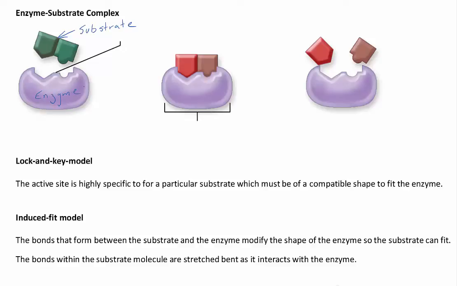So for example, in the case of the decomposition of hydrogen peroxide, the enzyme would be catalase and the substrate is the hydrogen peroxide. And enzymes catalyze reactions by coming into contact with the substrate at a very specific location called the active site.